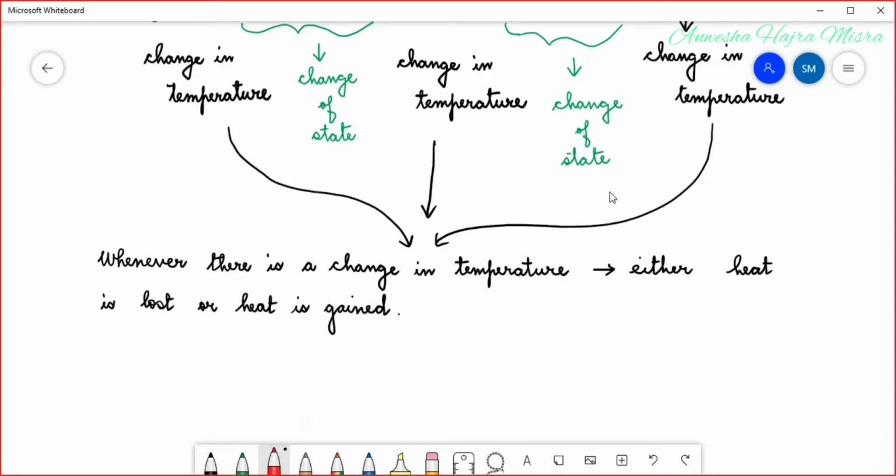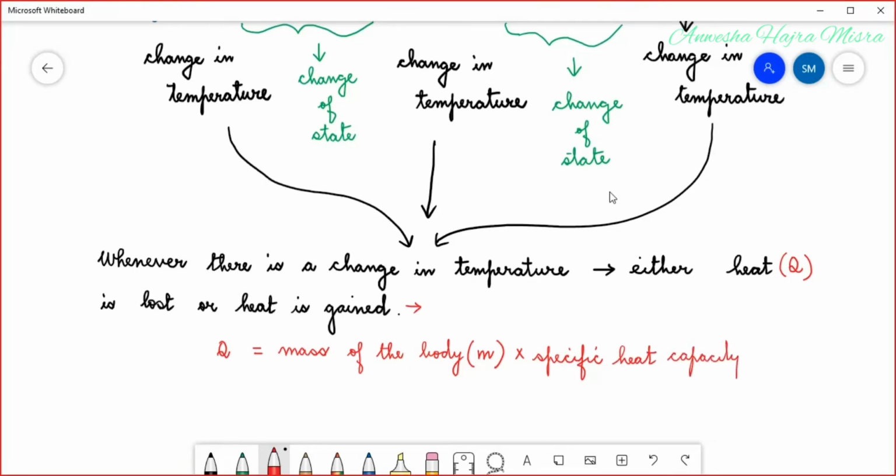Now in this case, heat we denote by the letter Q. The heat lost or heat gained, Q, is equal to the mass of the body into specific heat capacity of the body into change in temperature.